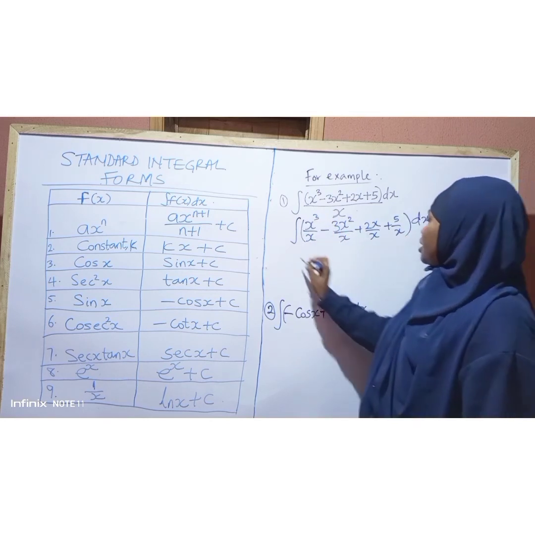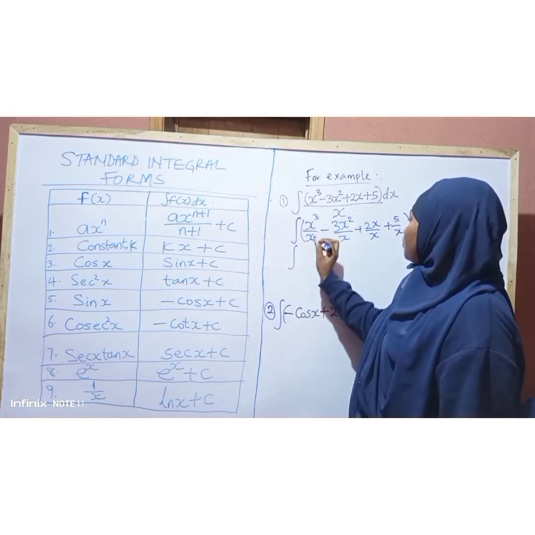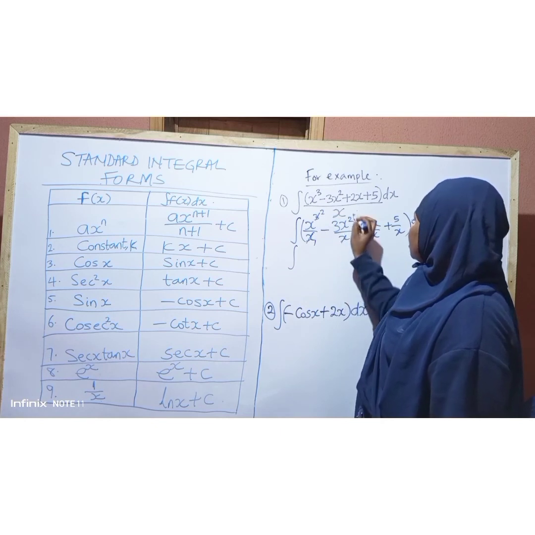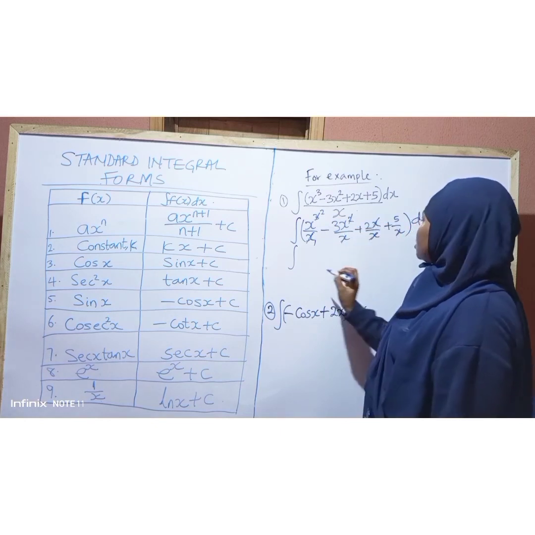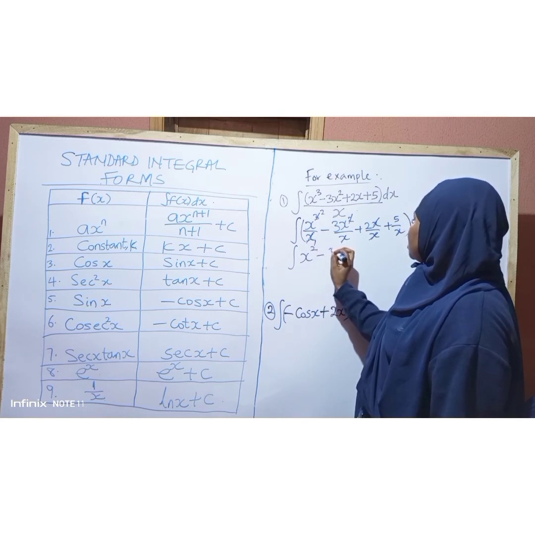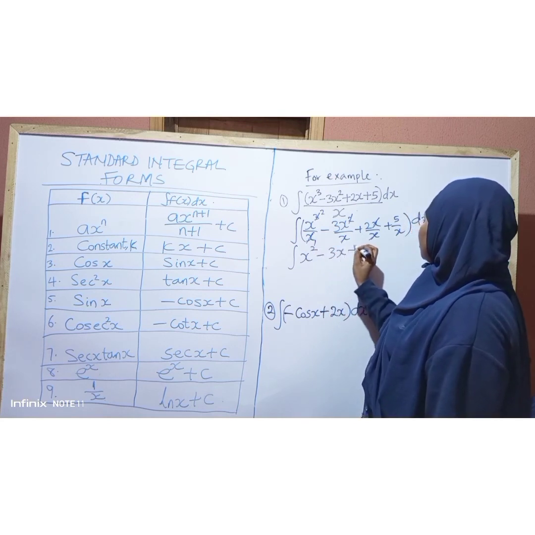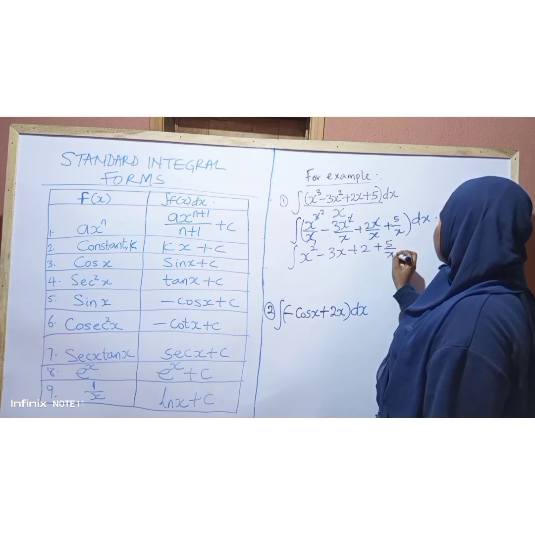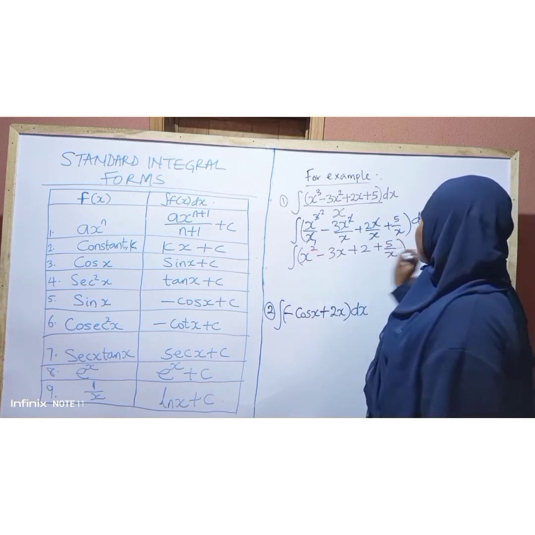So from here I have x squared, minus 3x plus 2, then plus 5 over x, then everything dx.